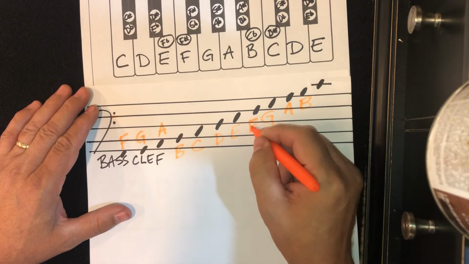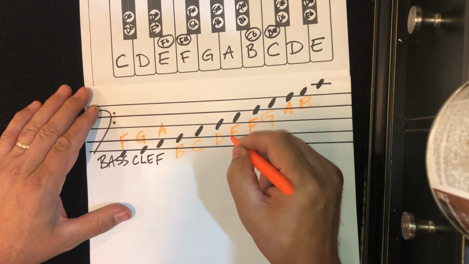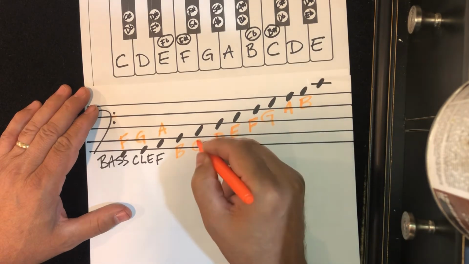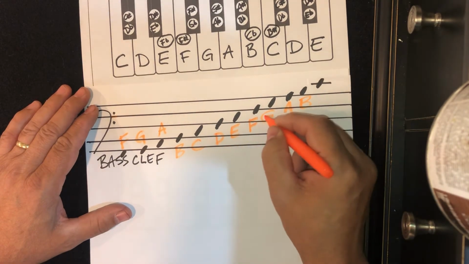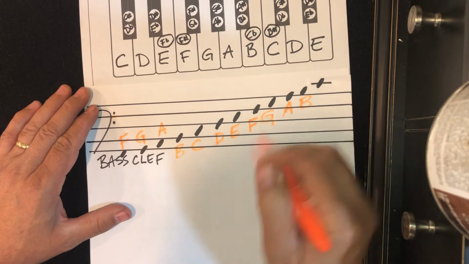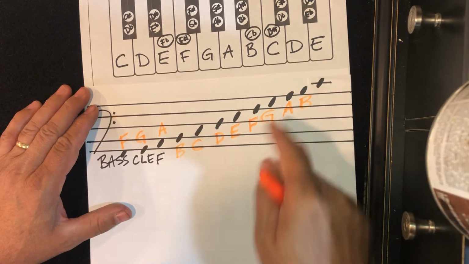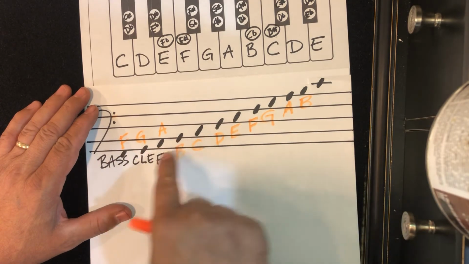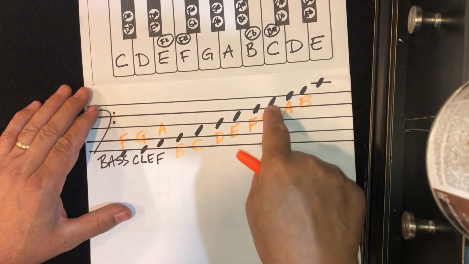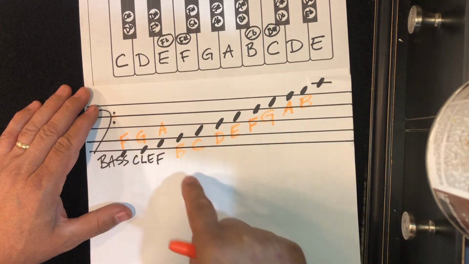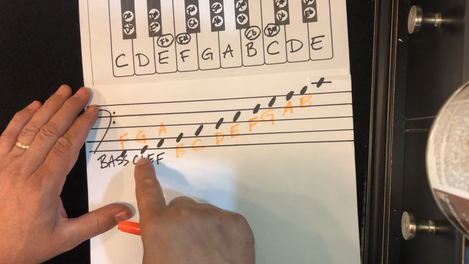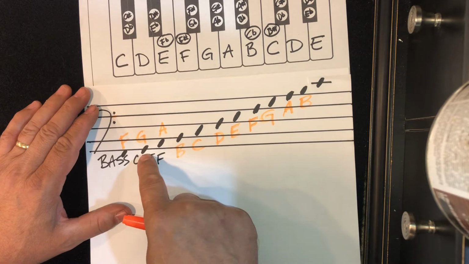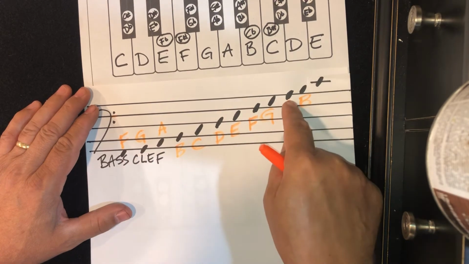Okay, so again, hopefully you can read these. Probably should have picked a little darker marker here, but again, successive order. And you can kind of come up with all sorts of acronyms. The spaces, all cows eat grass. And with the lines, good boys do fine always.